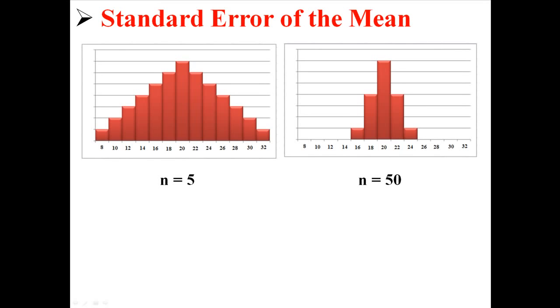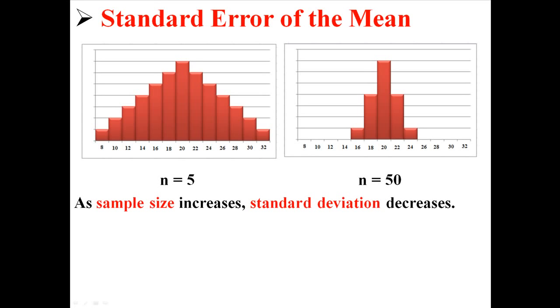So before I finish up here, I want to talk about also the standard error of the mean. So here I have 2 distributions. One has sample sizes of 5 and one has sample sizes of 50. To be clear, these are sampling distributions of means. So in these distributions, as sample size increases, standard deviation decreases.